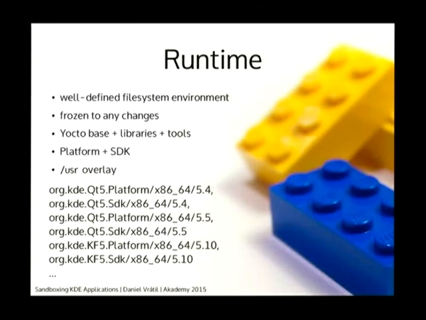So if I say we can have a Qt runtime, then I say, well, the Qt runtime contains the base system and Qt, and nothing else. And you cannot add things into it just because you want. If you want KDE frameworks, you create a KF5 runtime, which will have the base system, Qt, and KF5 libraries.